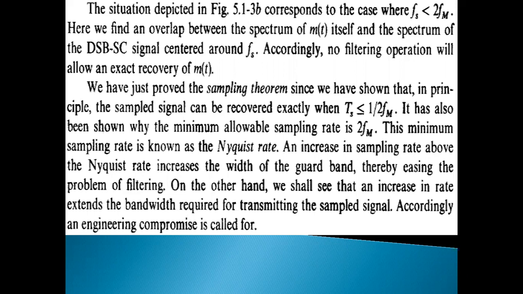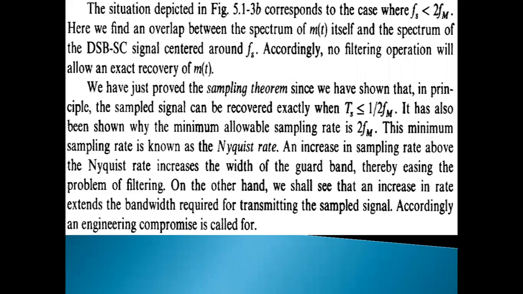So we have just found the sampling theorem. We have shown that in principle the sampled signal can be recovered exactly when Fs is greater than 2Fm, or Ts is less than 1/2Fm. It has also been shown that the minimum allowable sampling rate is Fs equal to 2Fm.